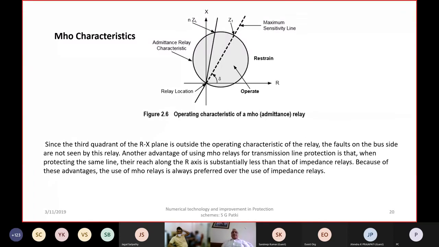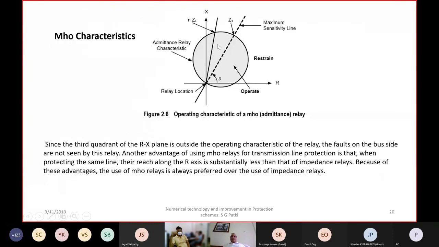There is a slight overlap on the second quadrant, which actually is an advantage. But the limitation here was, if you have this circle characteristic, which is the Mho characteristic of the distance relay, which was very popularly used in many places earlier.